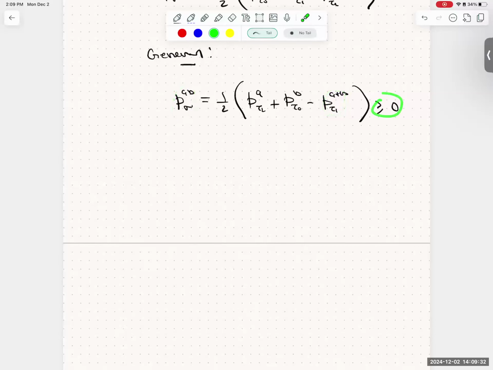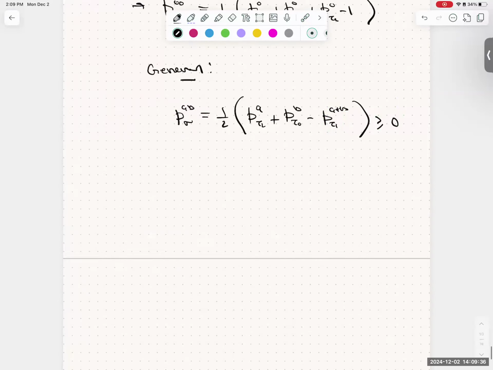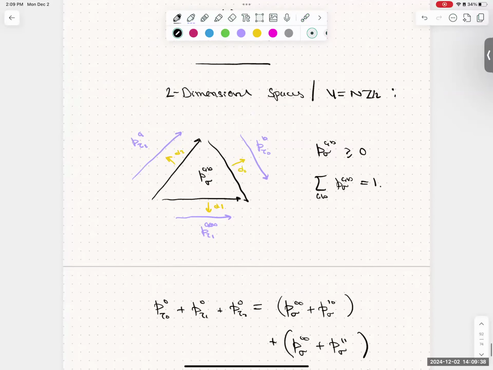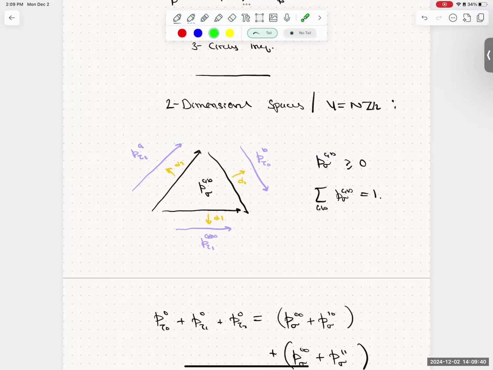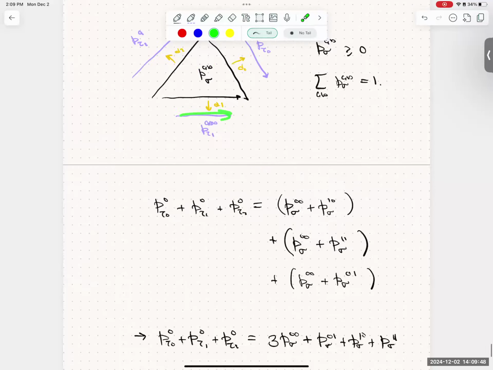So I do have to enforce the non-negativity condition. But you have a general formula: you can parameterize any of these bulk interior probabilities by just the ones on the boundary of the simplex.